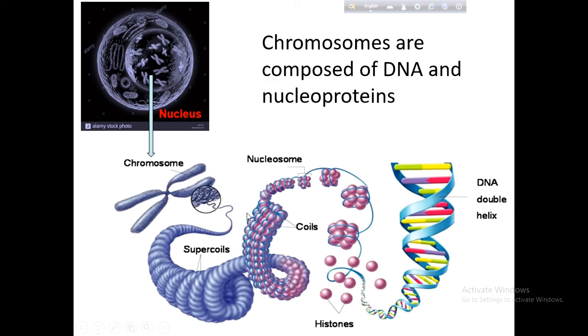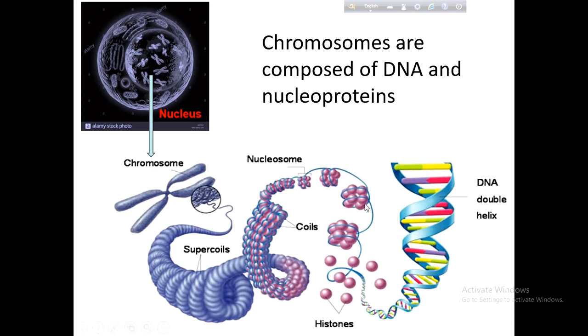You can compare this with a tangled telephone wire. Some telephones used to have this kind of wire in the ancient period, the analog telephone, not like today's digital telephone. It was an analog telephone where we had to use a spring type of number plate to dial, and there was this type of supercoiled wire.